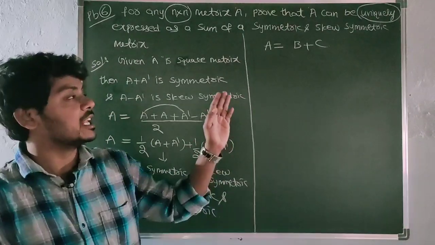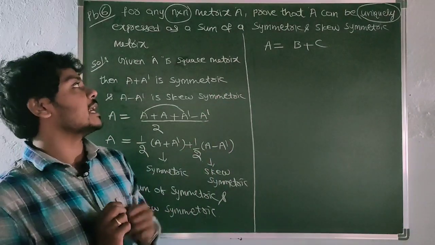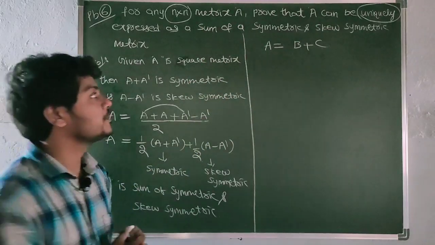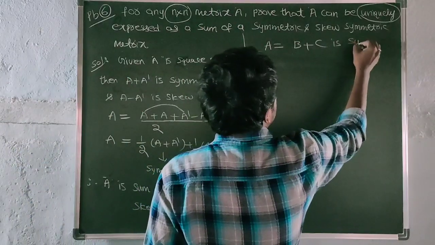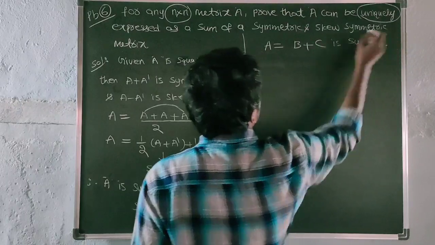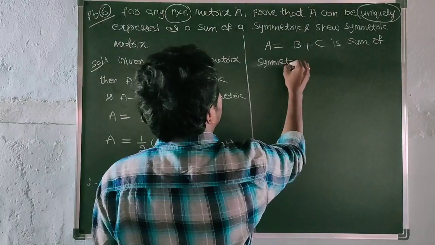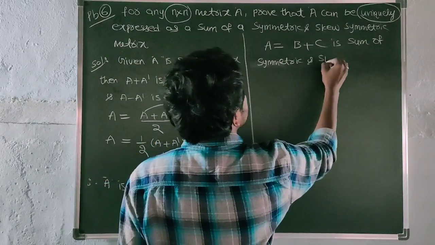Then only A can be uniquely expressed as a sum of symmetric and skew symmetric.